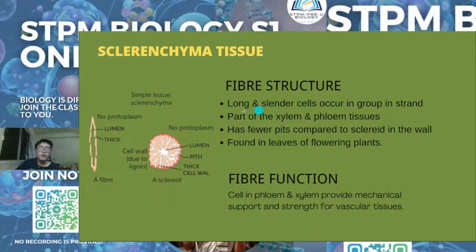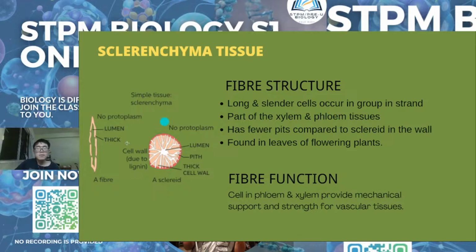Okay, so fiber structure. You see that the fiber is long, and the cells occur in groups in strands. Fiber is also part of the xylem and phloem tissue, which later we will learn as vascular tissue.